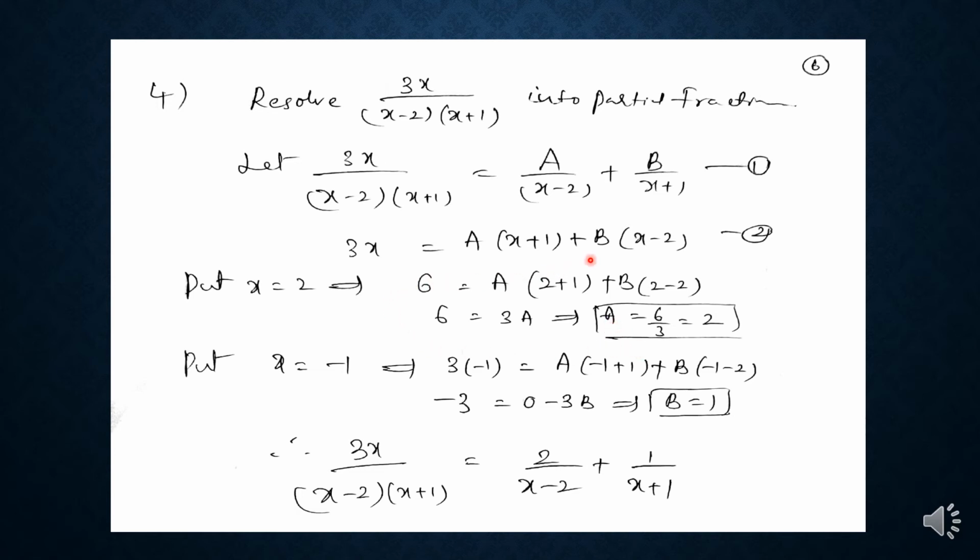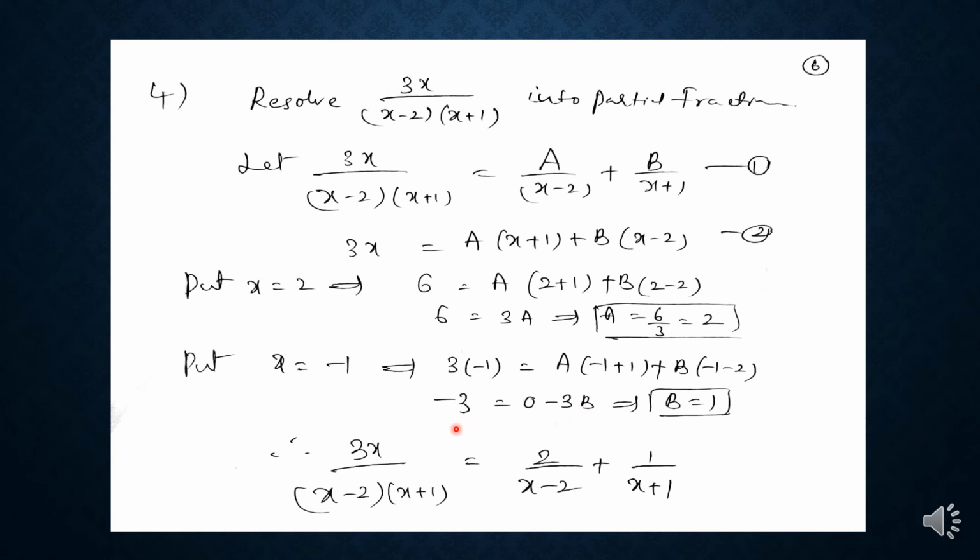Now to get the value of b, this time put x is equal to minus 1. Then the equation becomes 3 into minus 1 is equal to a into minus 1 plus 1 plus b into minus 1 minus 2. So that is minus 3 is equal to 0 plus minus 3 into b, minus 3b.